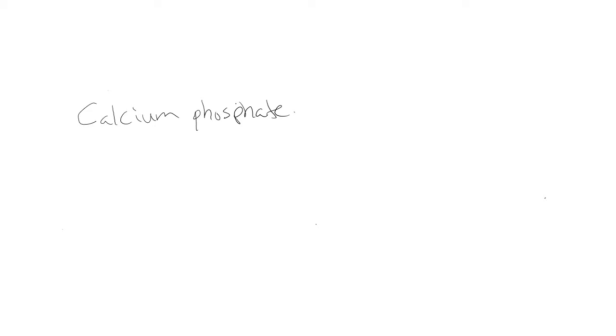In order to do this question, you're going to have to know some of your polyatomic ions, right? Polyatomic ions, for our purposes, are going to make an ionic compound. Here we have a metal, and this whole thing is a non-metal.